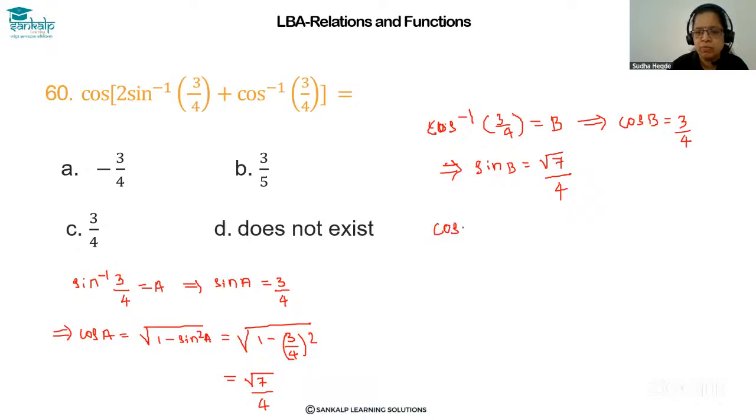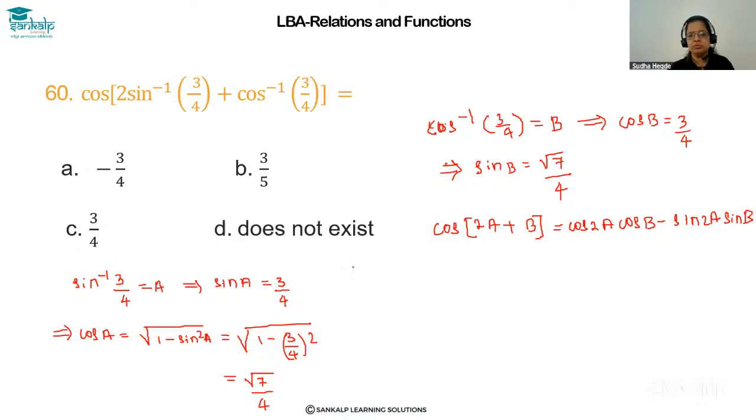Therefore take the given expression. Cos of given expression is cos of 2, I am taking sin inverse 3 by 4 as we have taken it as A, plus cos inverse 3 by 4 is B. So the given expression becomes cos of 2A plus B, that is cos 2A cos B minus sin 2A sin B, using cos A plus B formula.